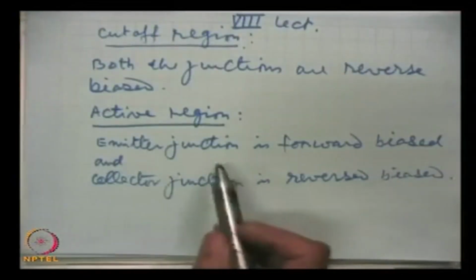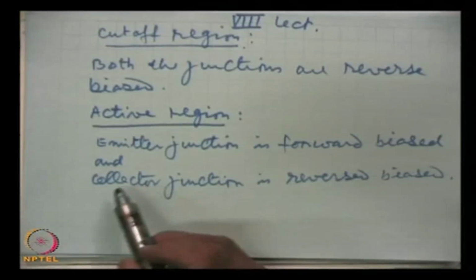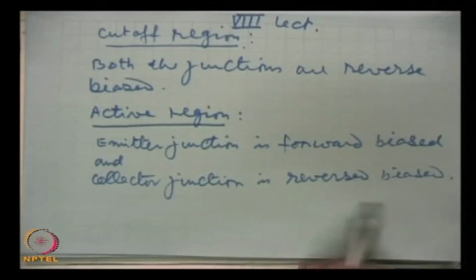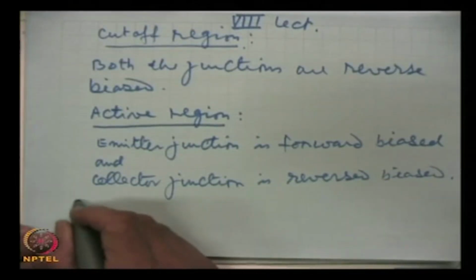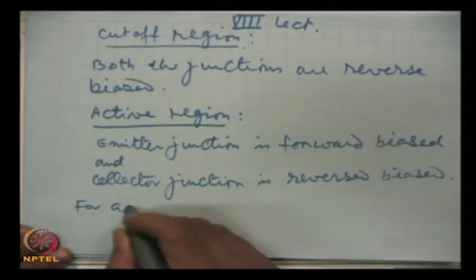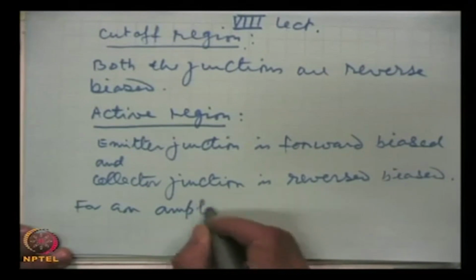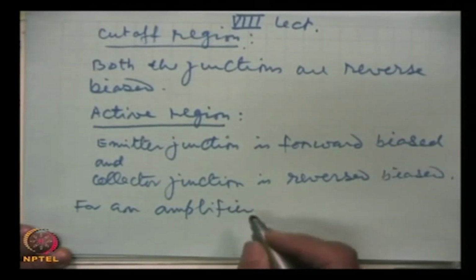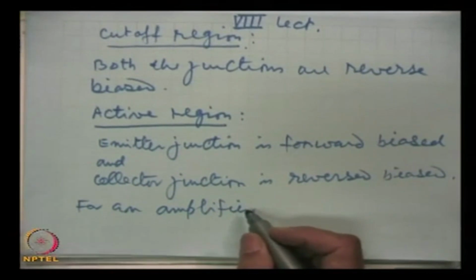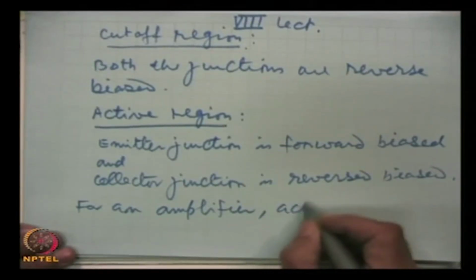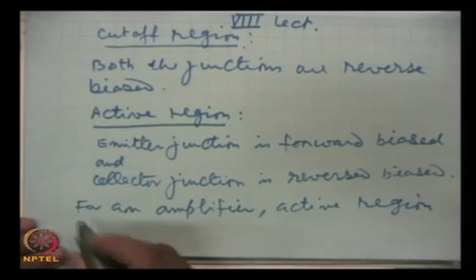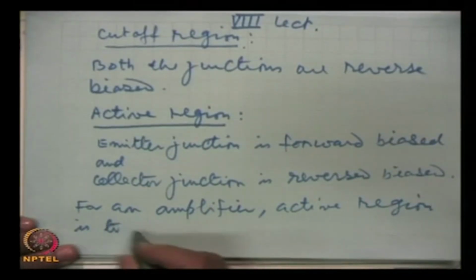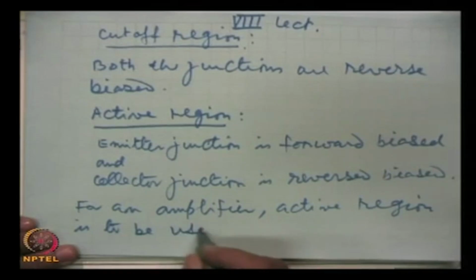So, in the active region, the emitter junction is forward biased and the collector junction is reverse biased, and for an amplifier the active region is to be used. What does it mean?